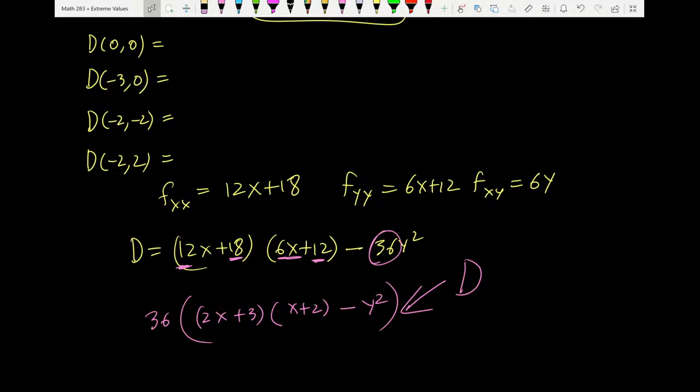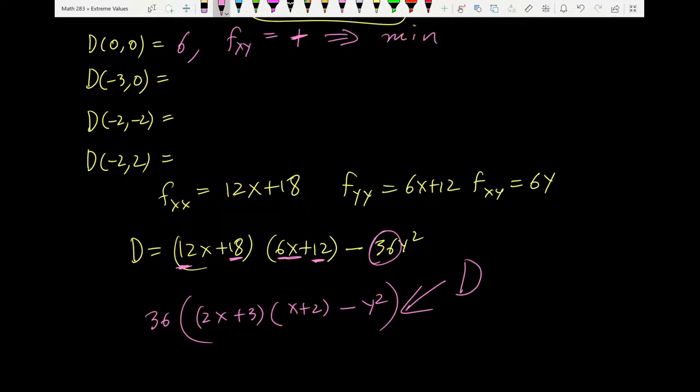D of 0, 0 is what? D of 0, 0, what is it, guys? 6. Oh, did you guys say it? I didn't hear it. And f sub xx is what? Positive in this case, right? So this means what? It's minimum.